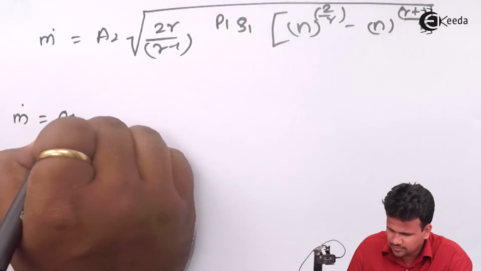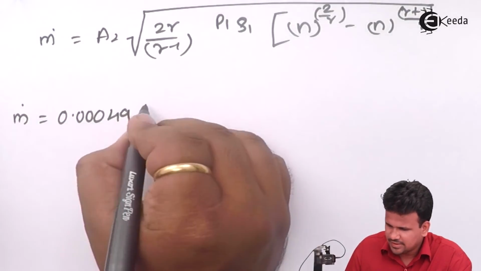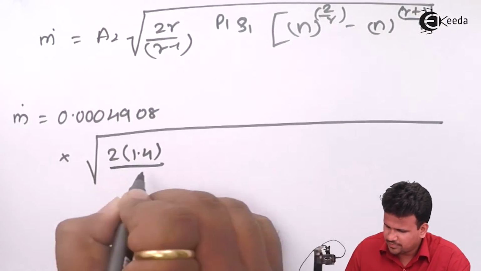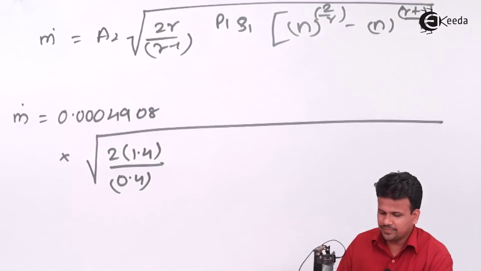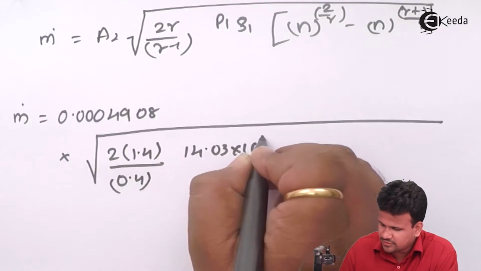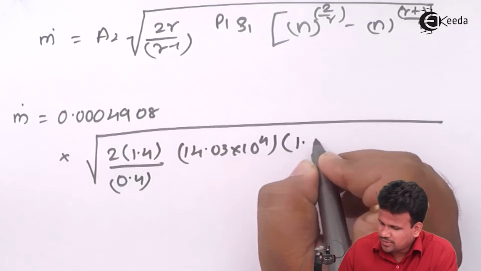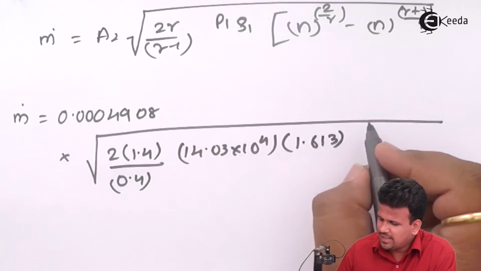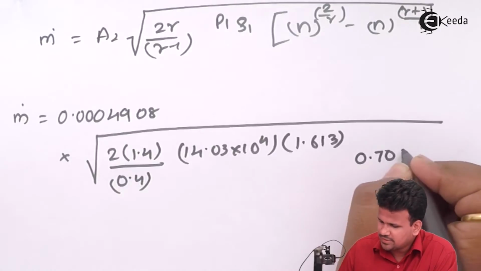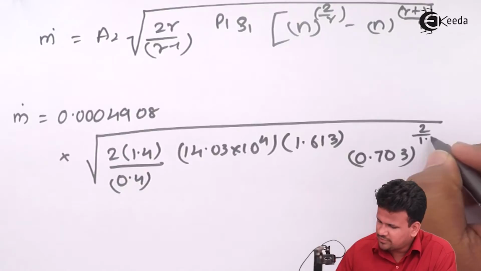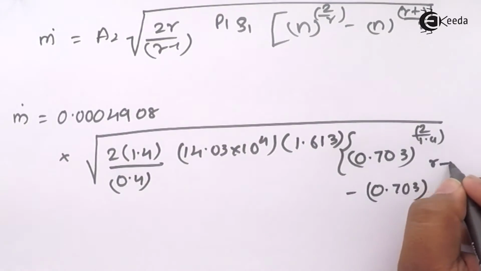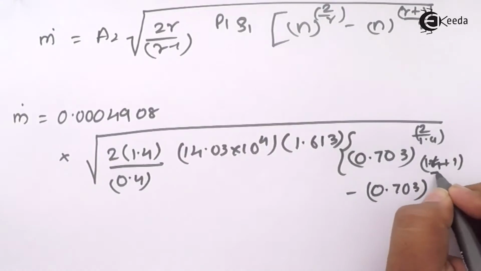So m dot is equal to 0.000494908 into square root of 2 into 1.4 upon 0.4, that is gamma minus 1, and P1 is equal to 14.03 into 10 to power 4, rho 1, which is equal to 1.163, and the value of N we know as 0.703 raised to 2 upon 1.4 minus 0.703 raised to gamma plus 1, gamma is 1.4, upon 1.4.